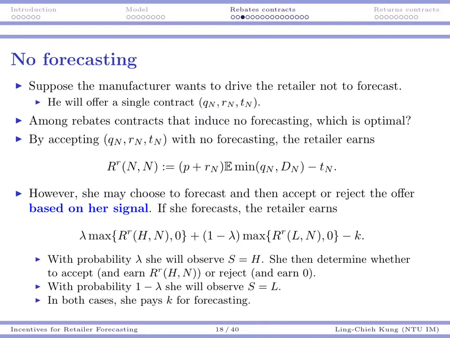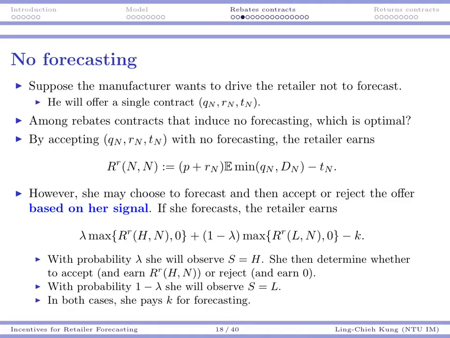The good thing here is that because the retailer does not do forecasting, there is no information asymmetry, so the only thing that the manufacturer needs to worry about is that, looking at this offer, it cannot be beneficial for the retailer to do forecasting. Okay, so we will see how to do this.